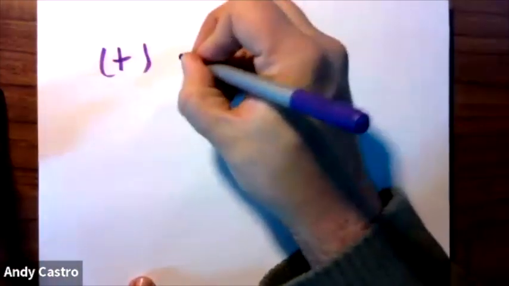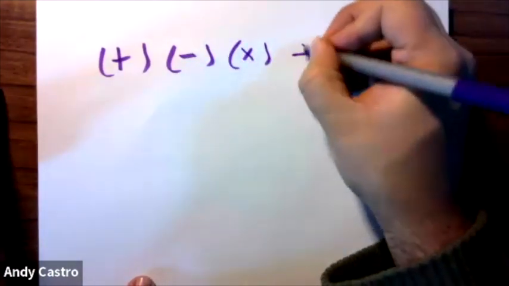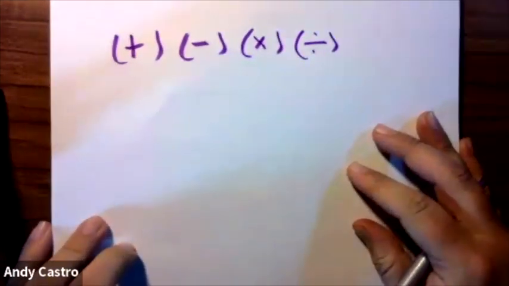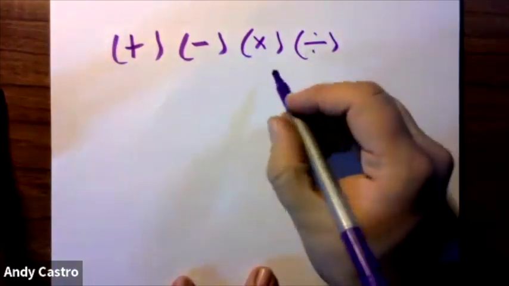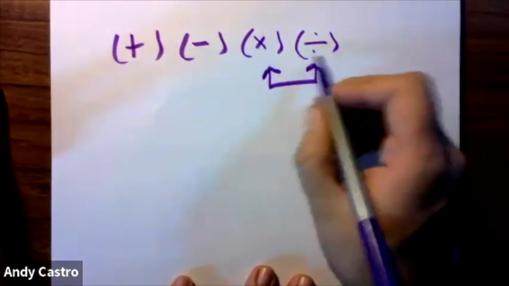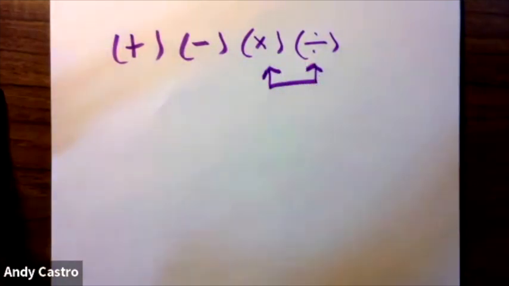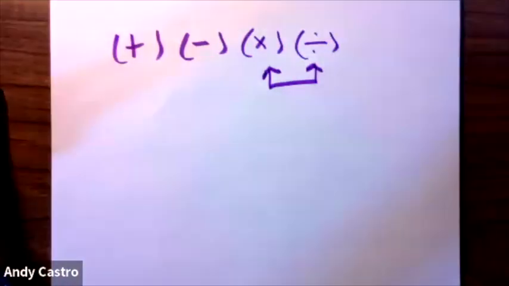Okay. So when we think about operations, remember yesterday we talked about adding, subtracting, multiplying, and dividing, right? Multiplying and dividing are kind of inverses of each other. What do I mean by that?